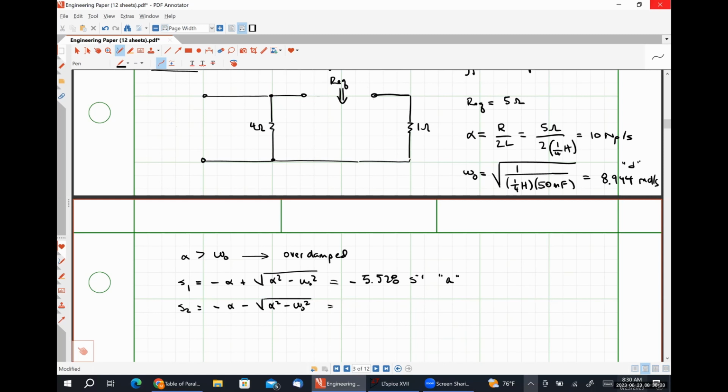So I'm going to go ahead and throw that into my calculator. I get negative 14.472 per second and some change. And I'm going to store this as B.